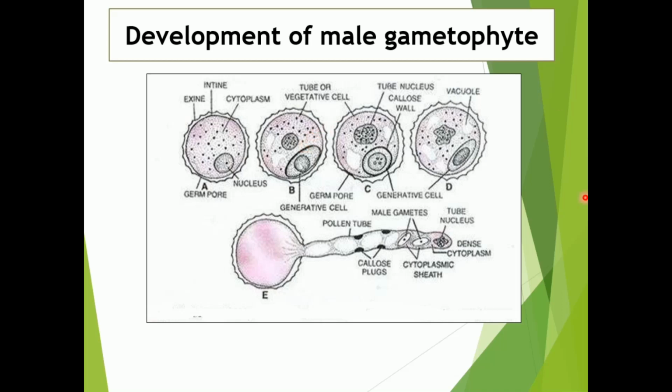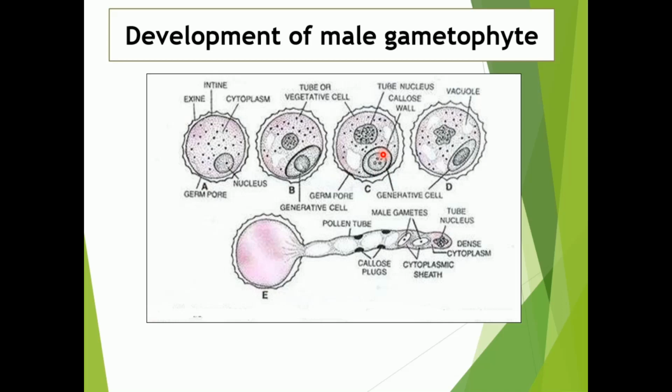Now next, a second division takes place, which concerns the generative cell only and gives rise to two non-motile male gametes.